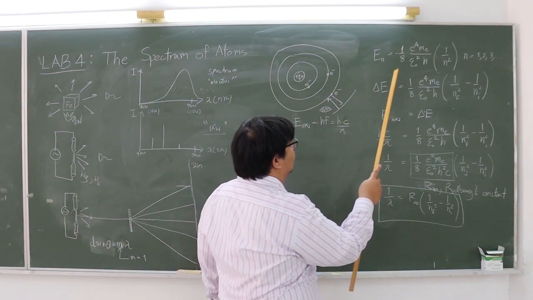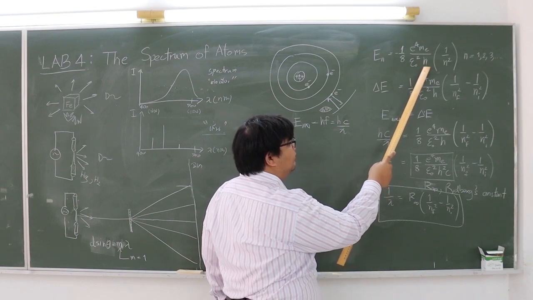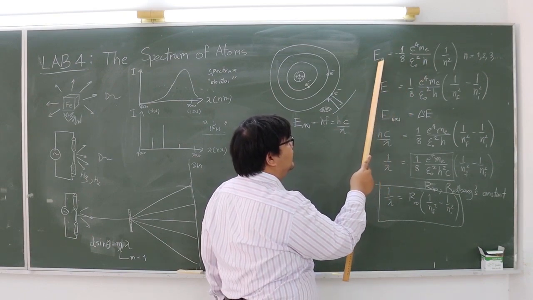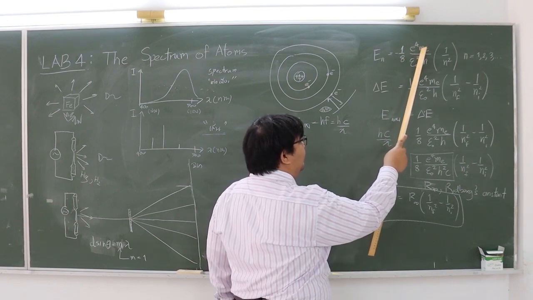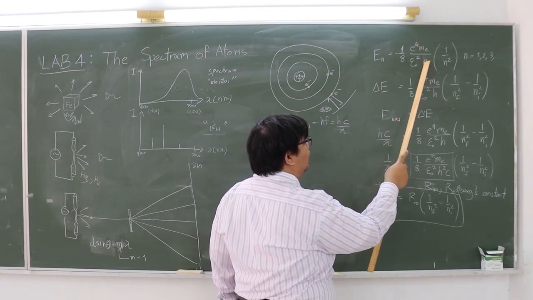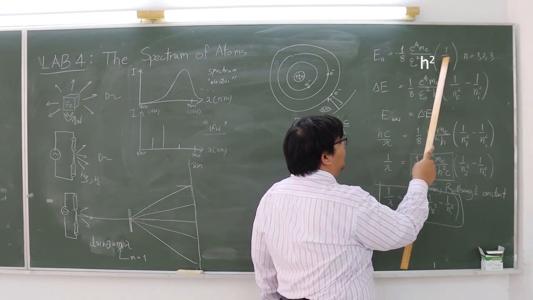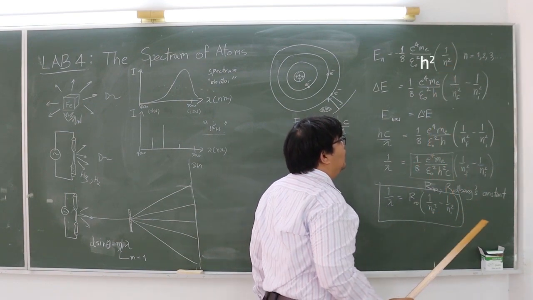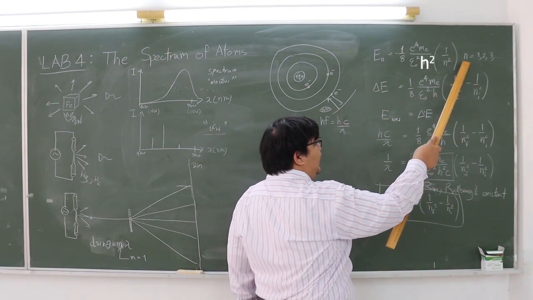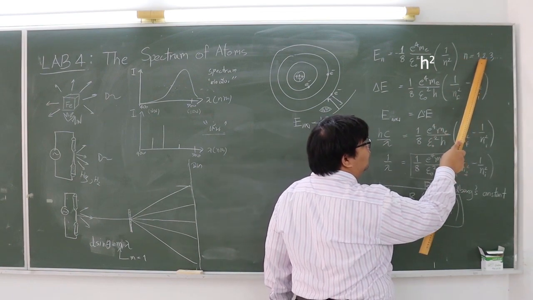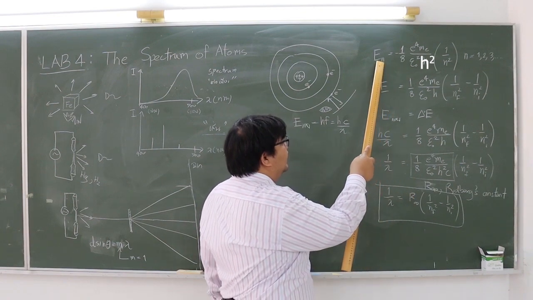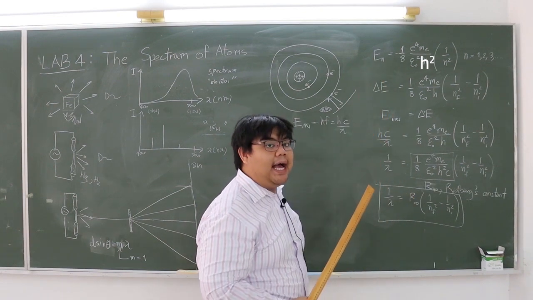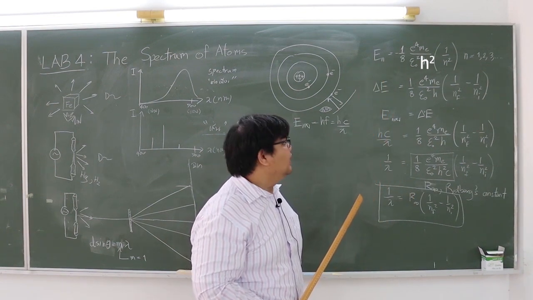The energy level of atoms can be explained by this equation. En equals minus 1 over 8 times e to the 4 m e over epsilon 0 squared h squared, multiplied by 1 over n squared, where n is an integer 1, 2, 3, and so on. Thus, the energy level of the atom is discrete, like the steps of a staircase.